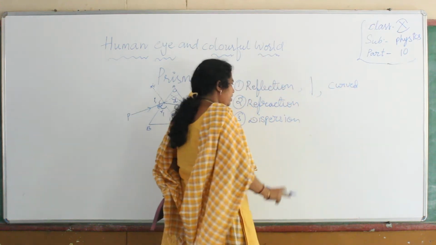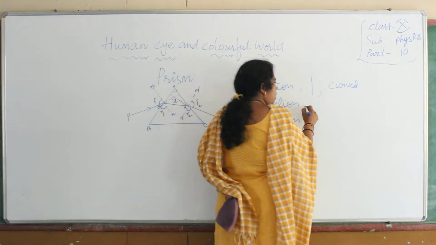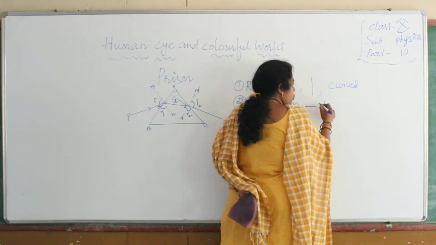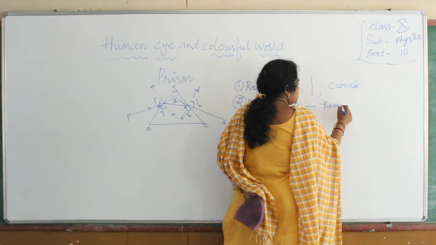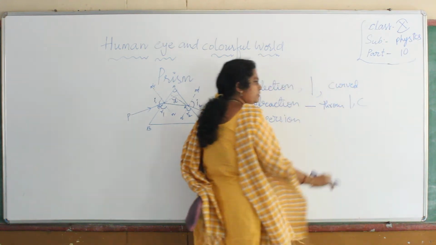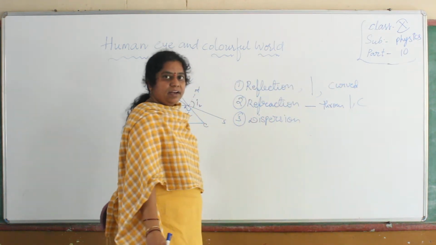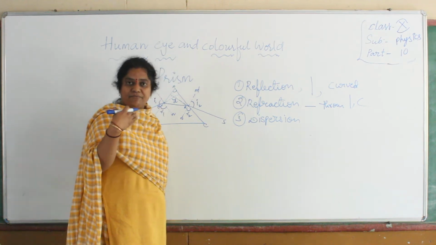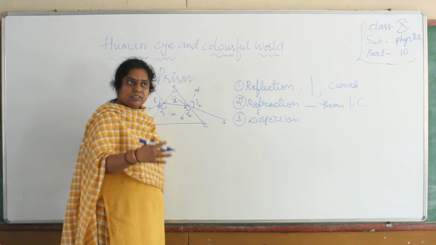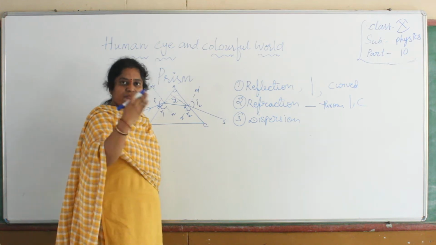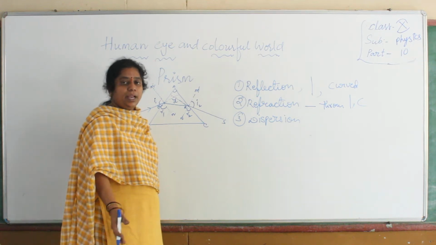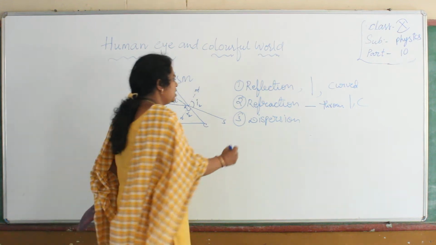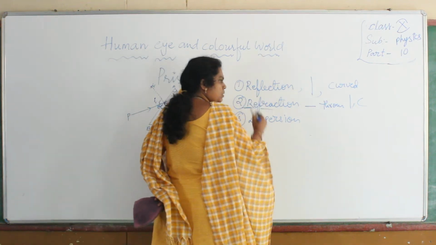Even refraction of light we saw through different surfaces like plane and also curved. How the light refracts from different mediums, how the light bends when it is passing from one medium to another medium. Refraction is nothing but bending of light, isn't it?